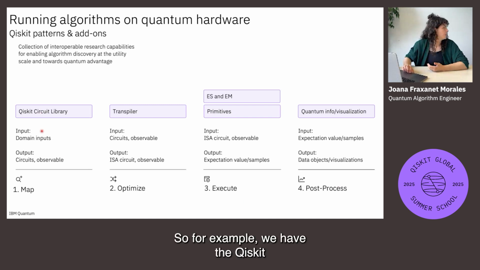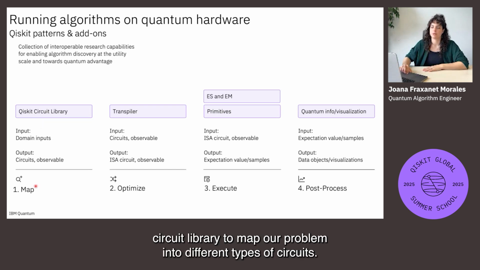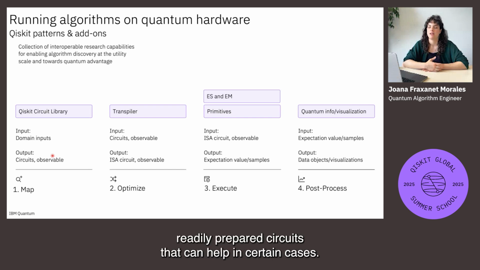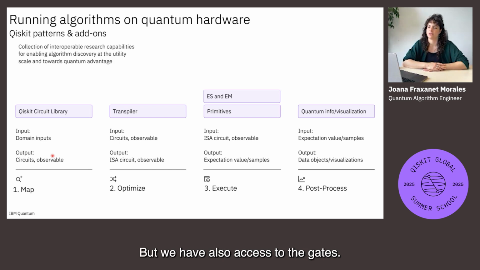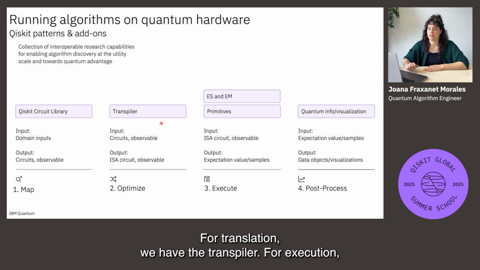So, for example, we have the Qiskit circuit library to map our problem into different types of circuits, and this already gives us prepared circuits that can help in certain cases. In other cases, we'll have to build them ourselves, but we have also access to the gates. For transpilation, we have the transpiler.